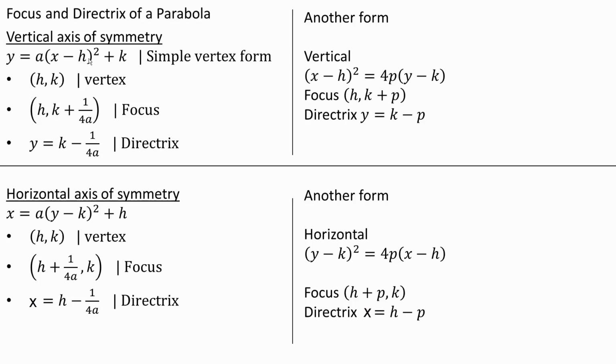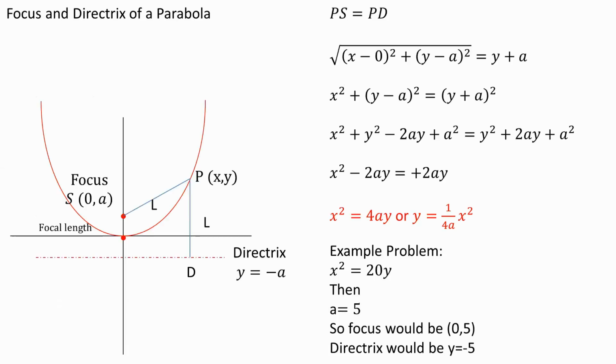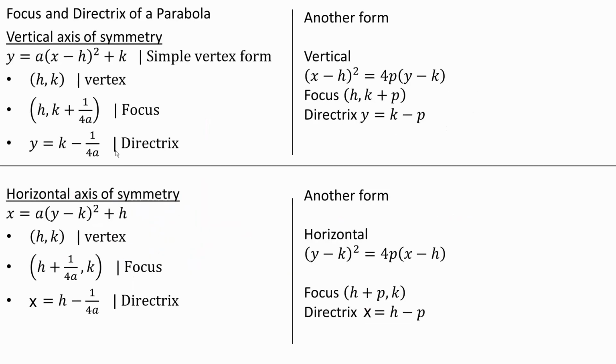The vertex would be h comma k, and the focus would be h comma k plus 1 divided by 4a. For the directrix, you can think of this distance as 1 divided by 4a, and this distance is also 1 divided by 4a, but it's going down. That's why it's negative 1 divided by 4a. So that's the focus, and that's the directrix. The directrix is a line, and a focus is a point.